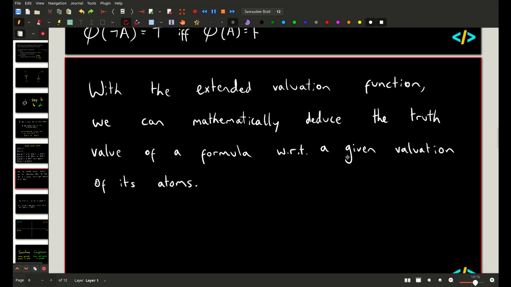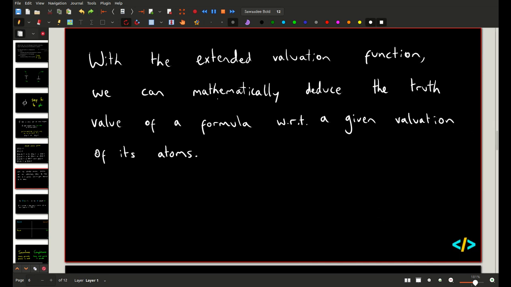With the extended valuation function, we can mathematically deduce the truth value of a logical formula. It converts logical to mathematical with regards to a given valuation of its atoms, which is just a possible combination of values for the different atomic inputs.